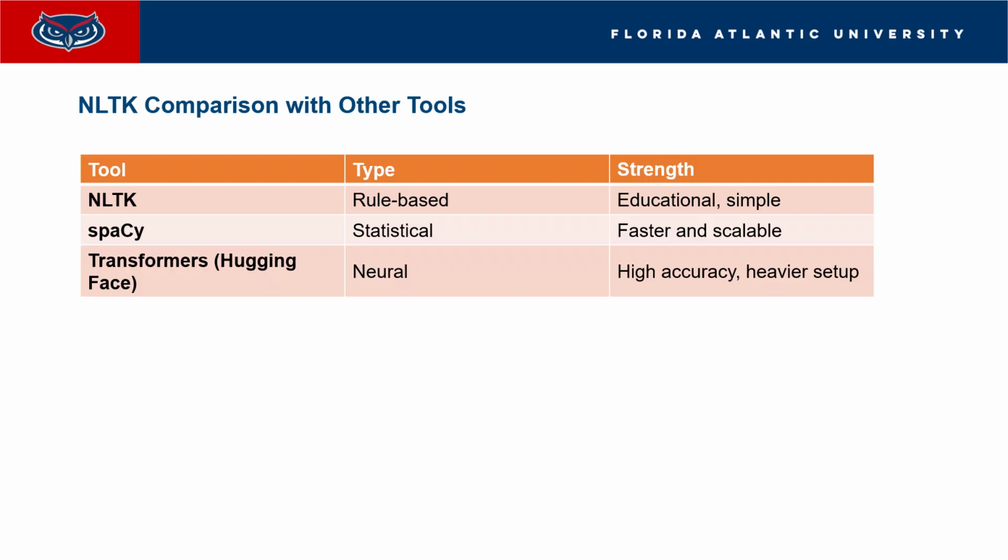TextBlob simplifies sentiment analysis and translation but lacks advanced features. Transformers by Hugging Face bring deep learning to NLP, offering higher accuracy but requiring more computational power. So, NLTK's main advantage lies in its simplicity and teaching value.